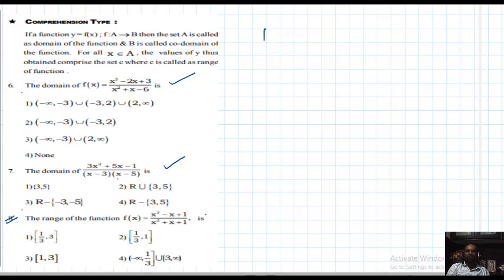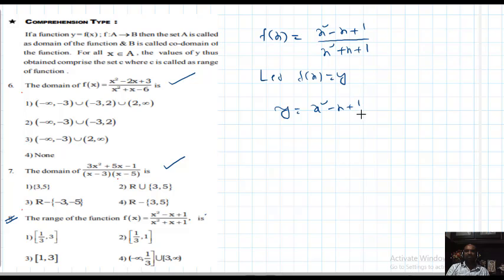You want to find the range of f of x equal to x square minus x plus 1 by x square plus x plus 1. Let f of x equal to y. Then y equals x square minus x plus 1 by x square plus x plus 1. Actually, we have formulas to find the output of a function of this form, but I don't like to remember formulae.